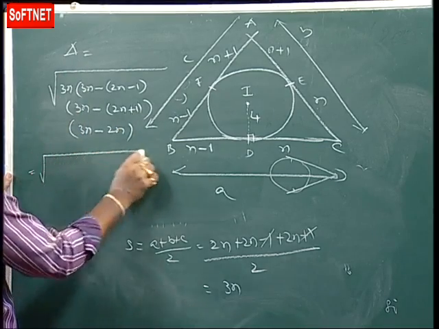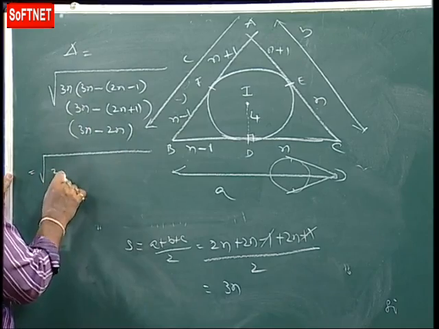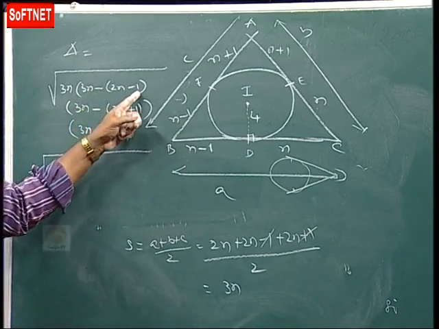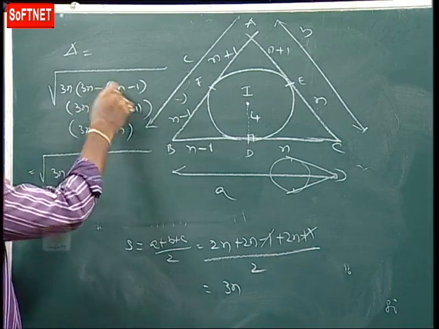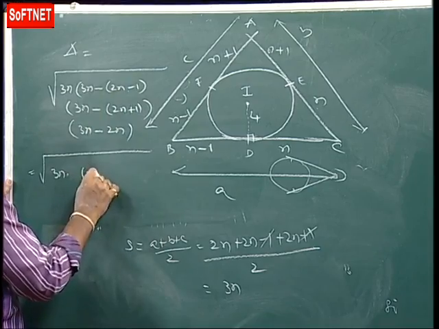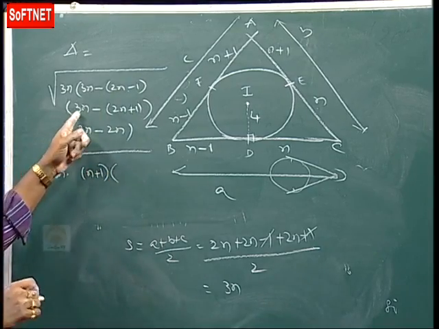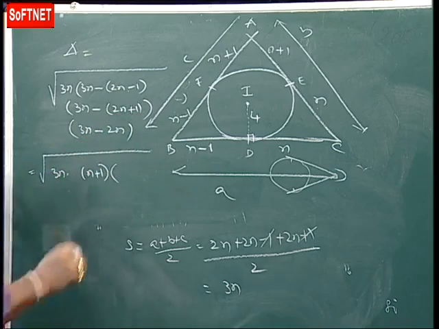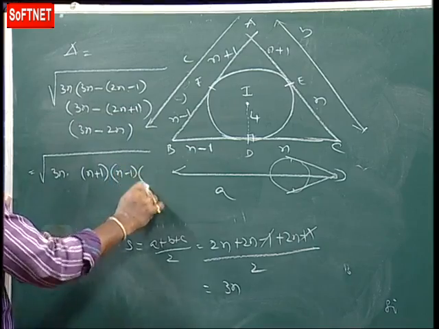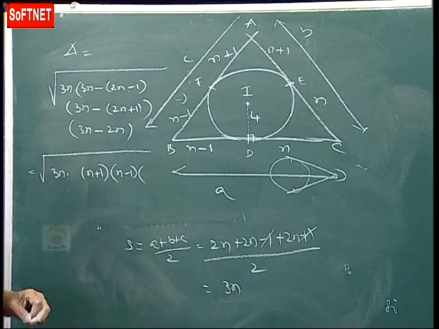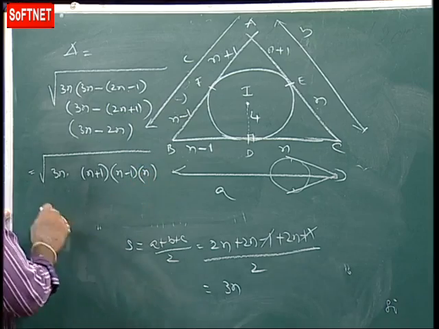Now I am writing this as 3n, then 3n minus of 2n minus 1. What is its value? 3n minus 2n minus 1, minus of minus plus, is n plus 1. 3n minus of 2n plus 1 means 3n minus 2n minus 1, which is n minus 1. And 3n minus 2n is n. Correct?